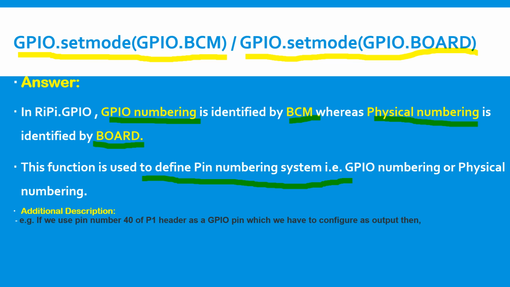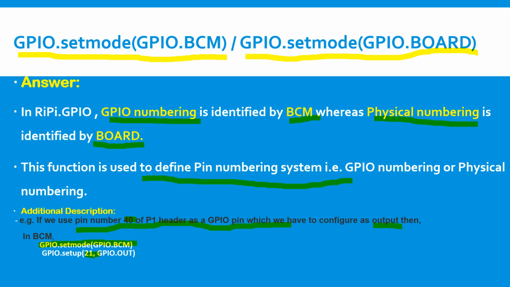If I want to set pin number 40 of the P1 header as a GPIO pin as an output, then I have to write in the Python script like here: GPIO.setmode, GPIO.BCM, as I am using a GPIO pin here, that is 21. Now this physical pin number 40 is nothing but GPIO pin 21, and therefore I have written here 21.